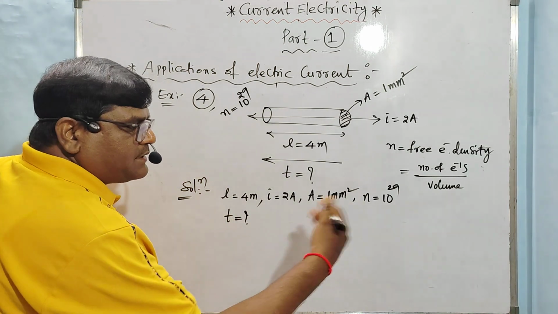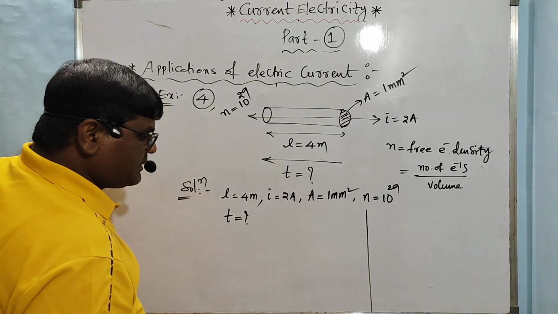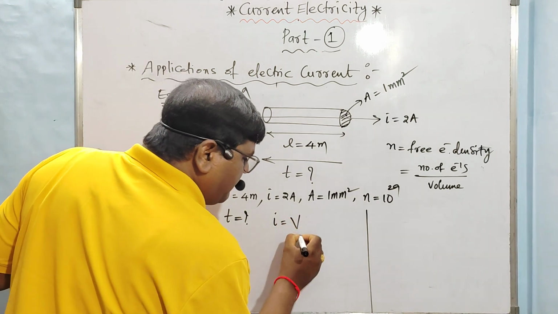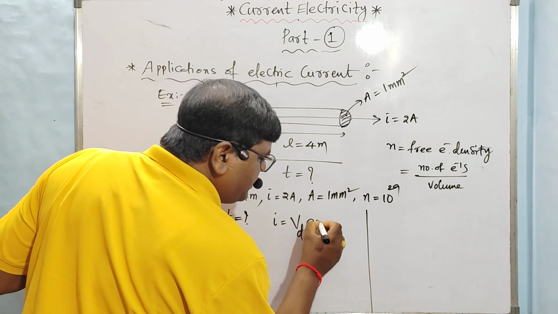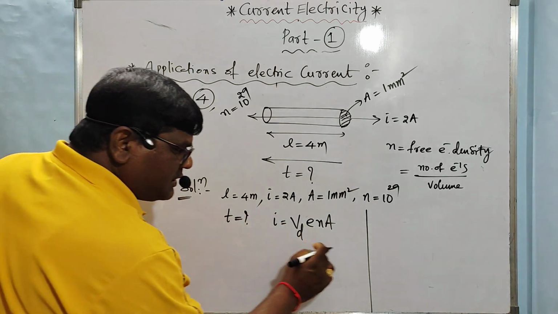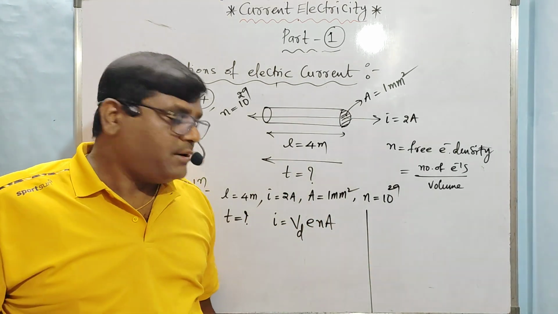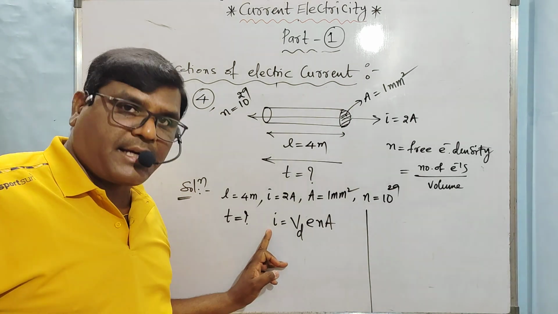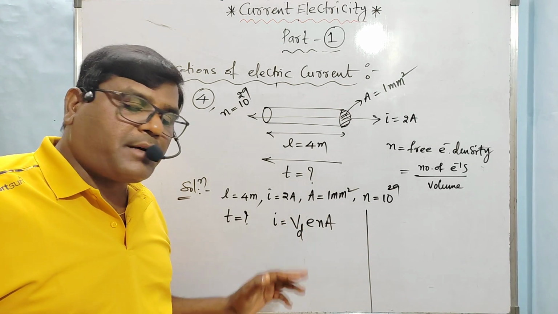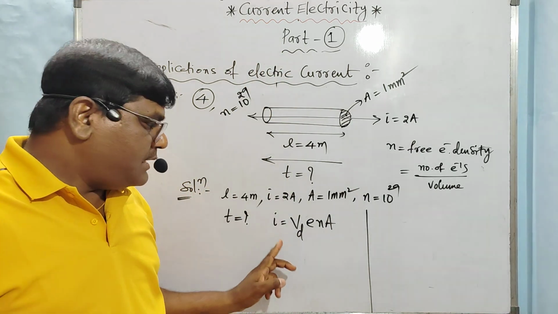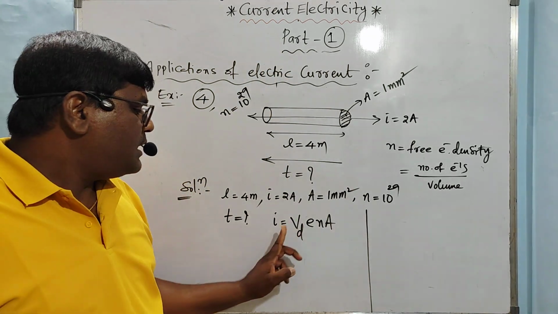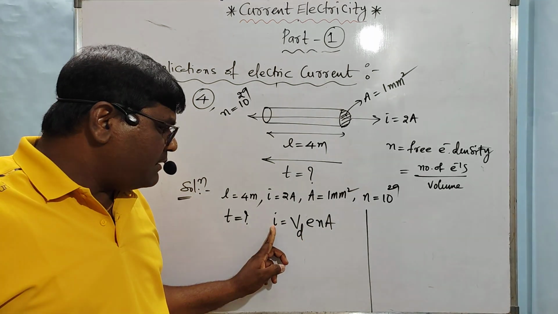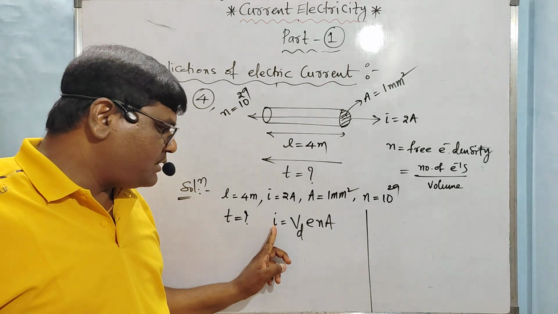So this formula we will discuss later, but here we will discuss the relation between current and drift velocity. Vd into E into N into A. We will discuss what the drift velocity is and what the relation between drift velocity and electric current is in the next part, along with the derivation of this formula.